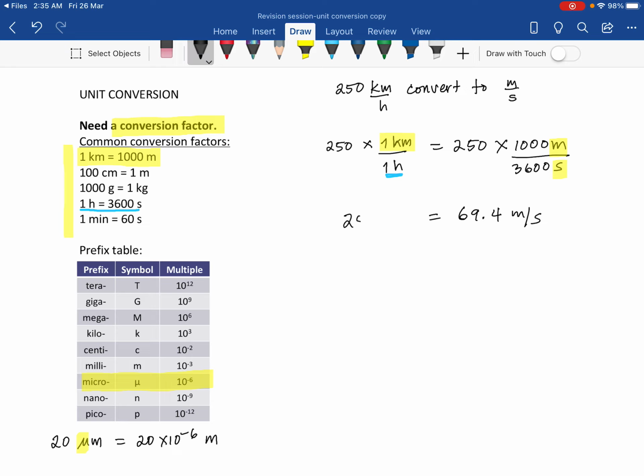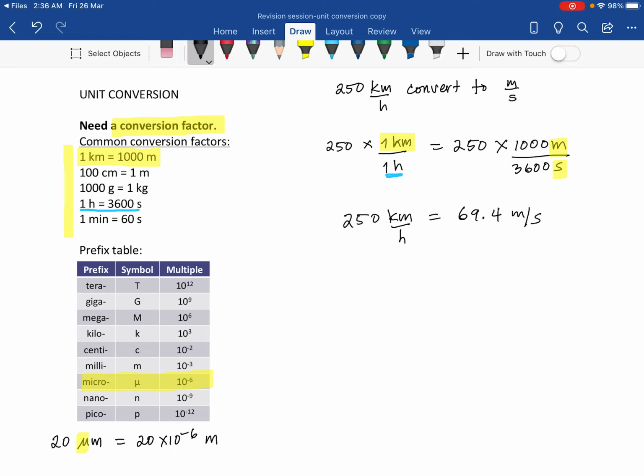That's equal to 250 kilometers per hour. Okay, so essentially you need a conversion factor. Write the thing that you want to convert in terms of number times the units, look at your conversion factor and replace the units that you don't want with the units that you want.